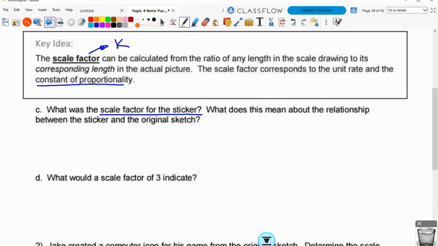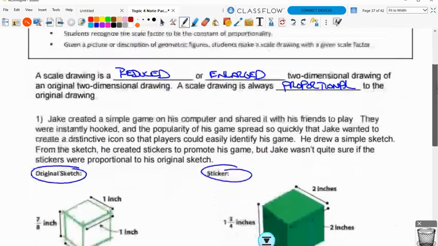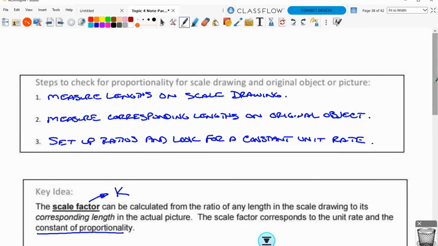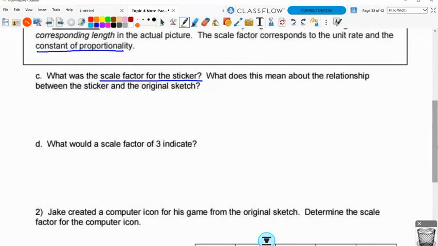Well, if we go back and look at the table once again, when we set up all of our ratios, everything's simplified down to 2 over 1. So in this example for the sticker, k equals 2. That is the scale factor for the sticker. What does this mean about the relationship between the sticker and the original sketch?